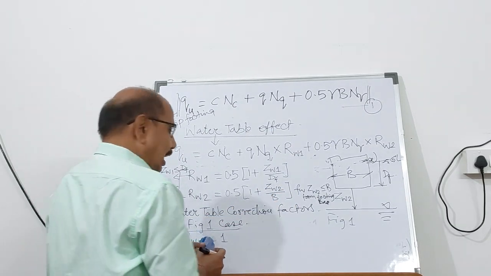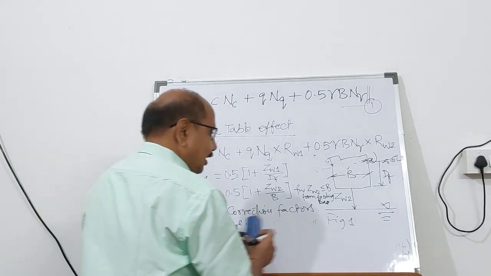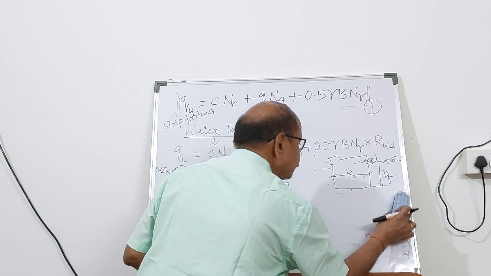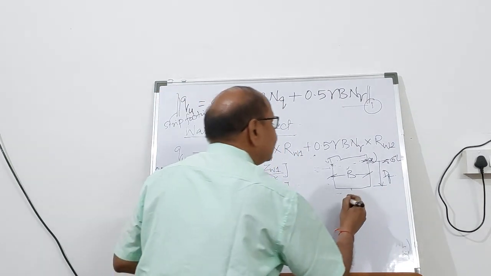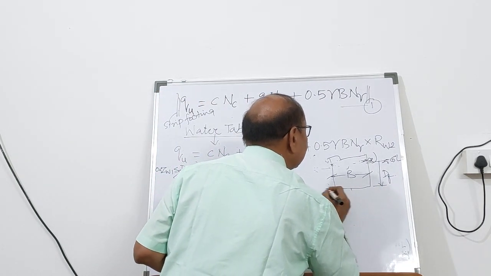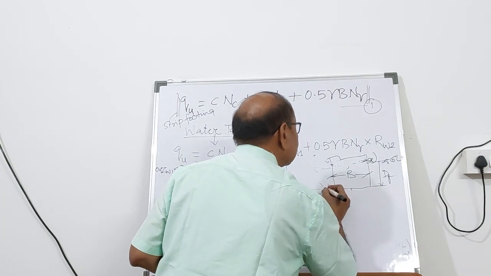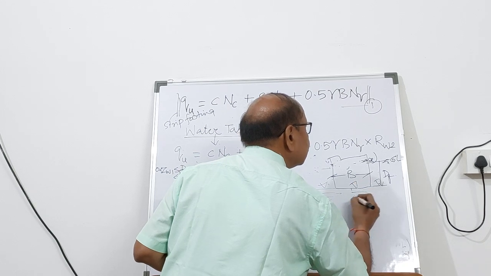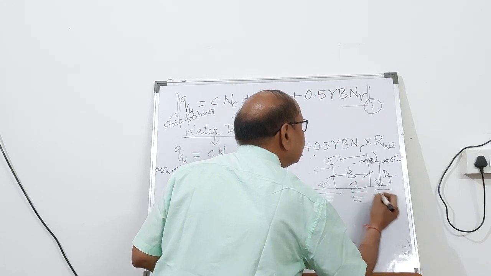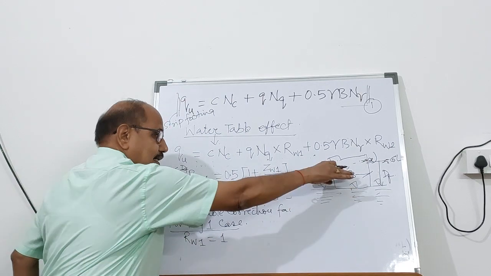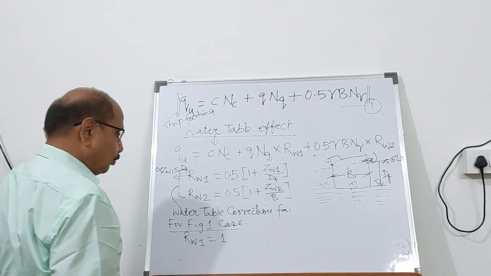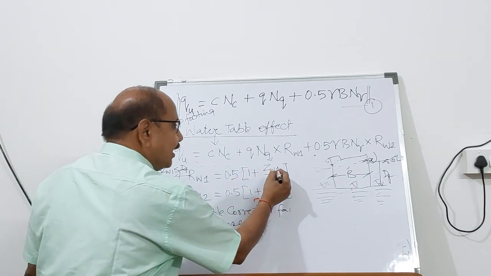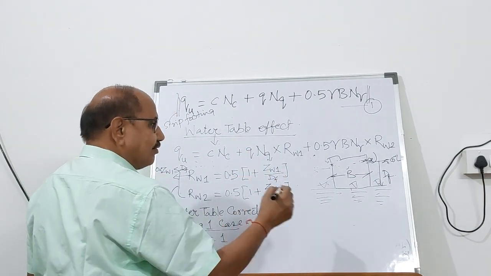Now I will take another case. Say the water table is touching the base of the footing. The water has come up and is touching the base of the footing. Then ZW1 equals DF.